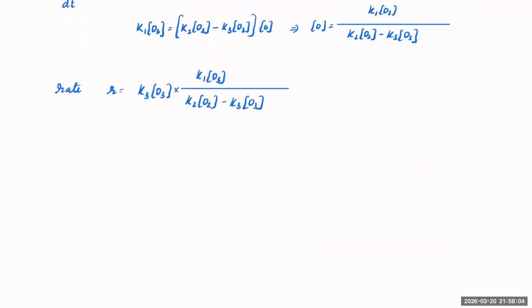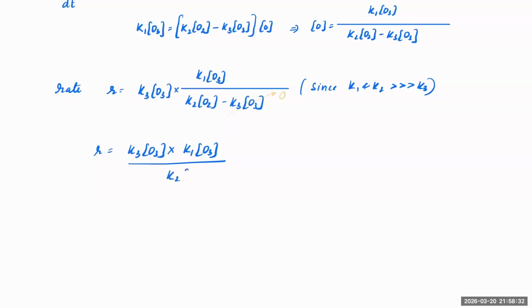So we know that since K1 and K2 values are far greater than K3, we can say that this K3 can be ignored here. Hence, the rate will now be equal to K3 into O3 concentration into K1 into O3 concentration upon K2 into O2 concentration, which is equal to K3 K1 by K2 into O3 raised to the power of 2 by O2 concentration.